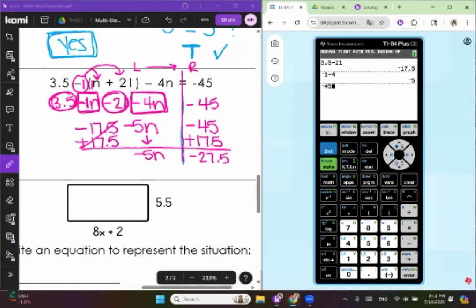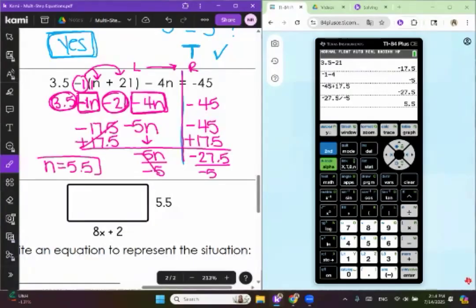Just in case. Looks like I made a mistake on my notes, so now I don't trust myself. Yeah, okay. Last step, we divide. So we get n equals negative 27.5 divided by negative 5, 5.5. Okay.